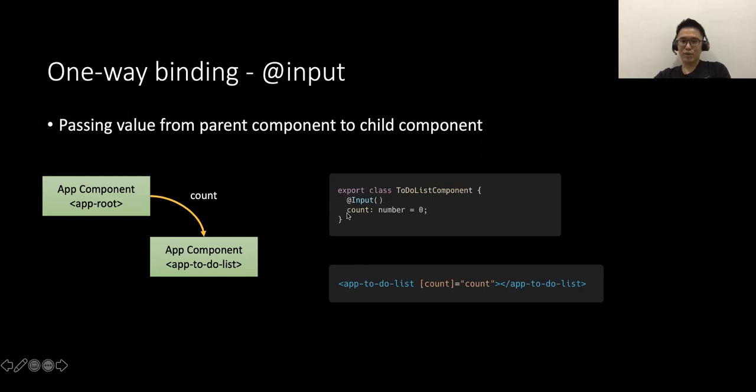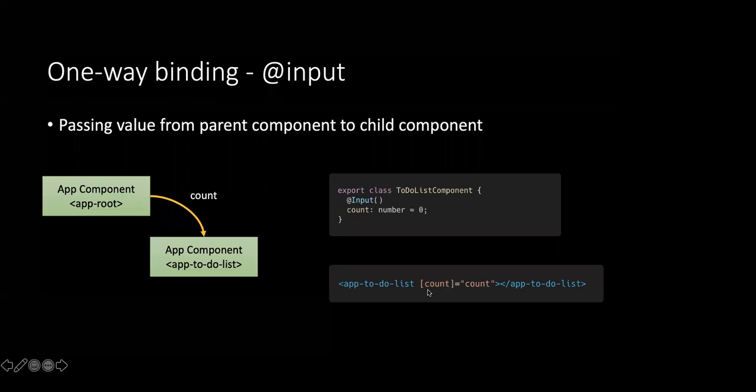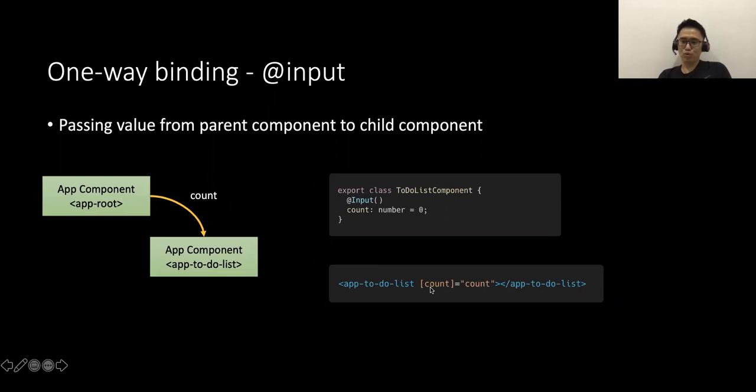On the bottom we have a variable called count. We have to declare this too, and then in our element here, app-to-do-list, which refers to this child component, we will have an attribute called count. In order to pass the information to this child component, we have to use a bracket followed by the variable name.